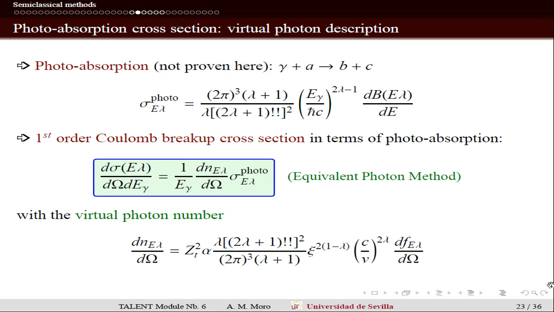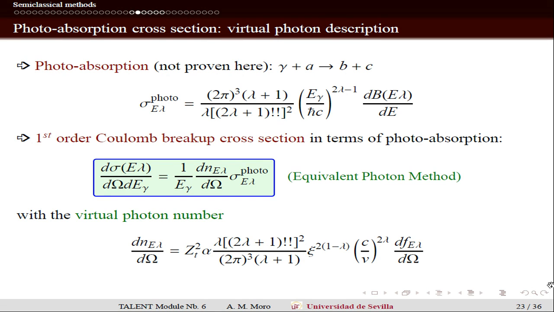But let me almost finish by relating the Coulomb excitation to what is called the photoabsorption cross-section. The photoabsorption cross-section is a process by which a composite nucleus, A, that is composed of B and C, dissociates due to the absorption of one photon.